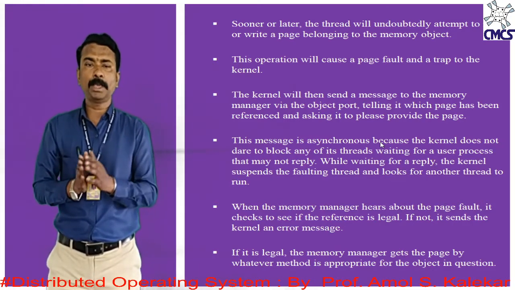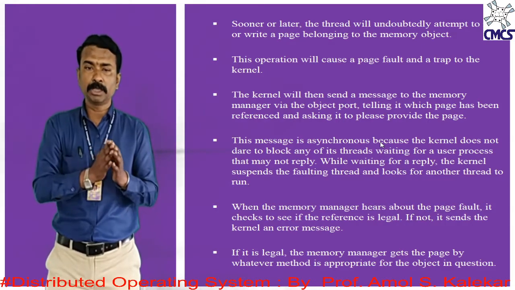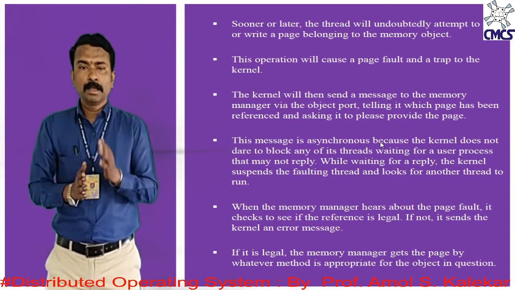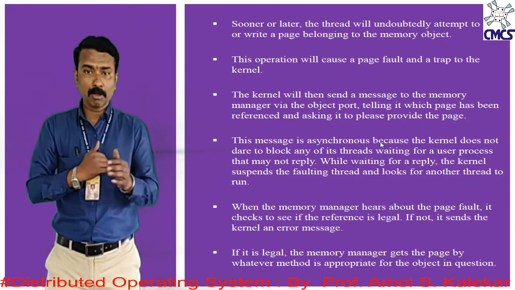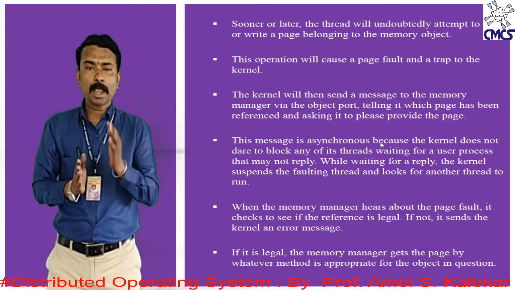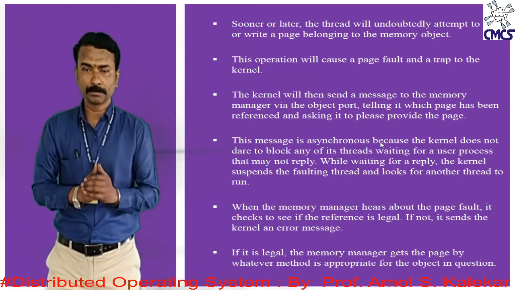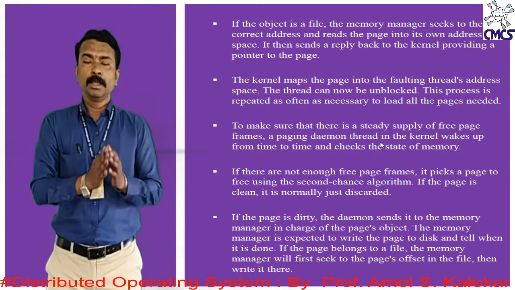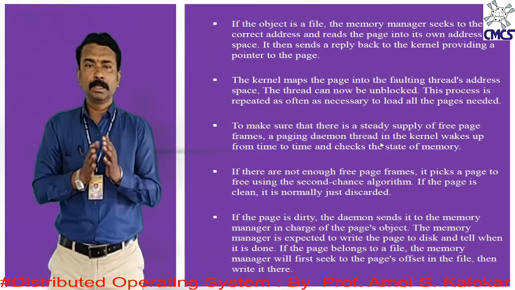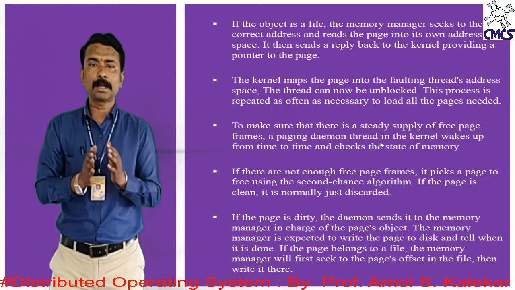When the memory manager hears about the page fault, it will just check to see if the reference is legal. If it is not, it will send the kernel an error message. Conversely, if it is legal, the memory manager gets the page by whatever method is appropriate for the object in question. Okay. Now, if the object is a file, the memory manager seeks the correct address and reads the page into its own address space.